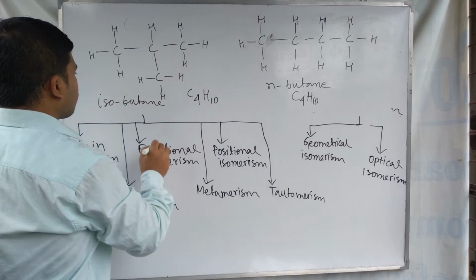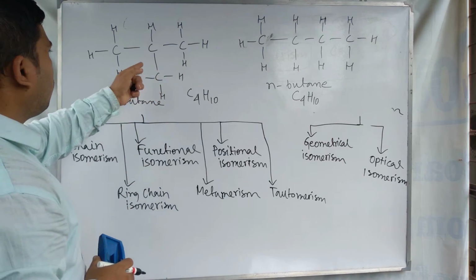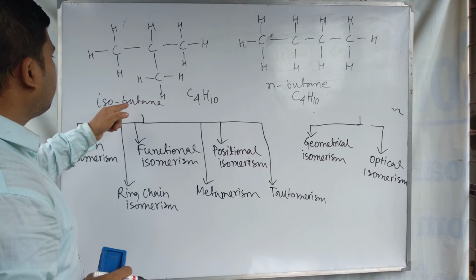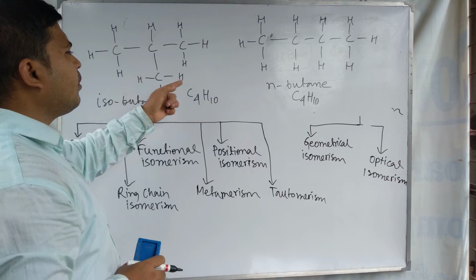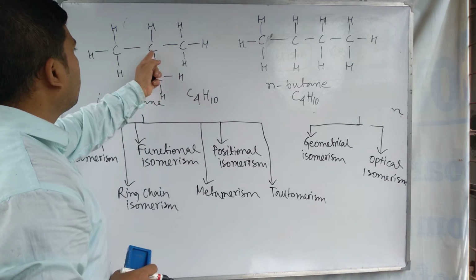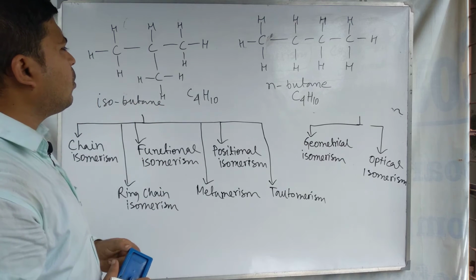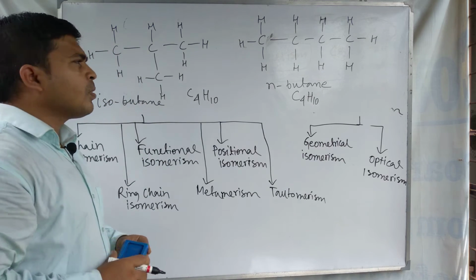Isobutane has one branch on the main chain. The IUPAC name of n-butane is butane, and of this compound is 2-methylpropane. So this is an example of chain isomerism.